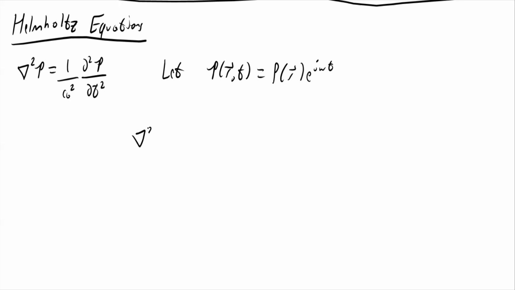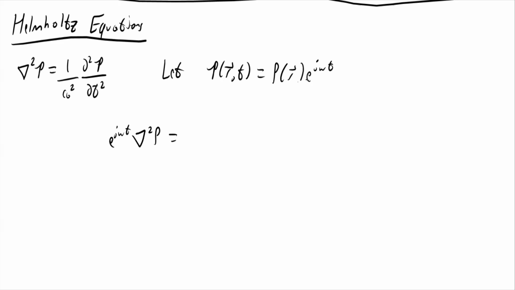We have the Laplacian of capital P, and we know that e to the j omega t does not depend on position, so e to the j omega t comes out front, times the Laplacian of P.